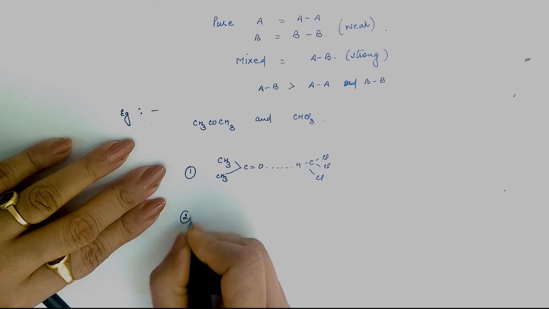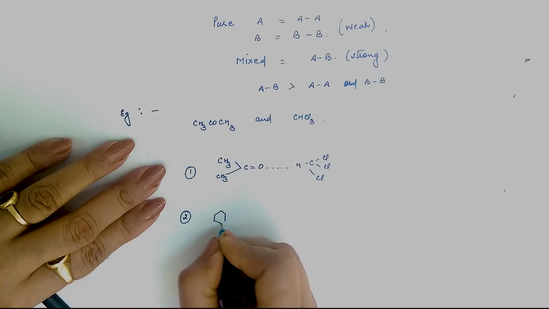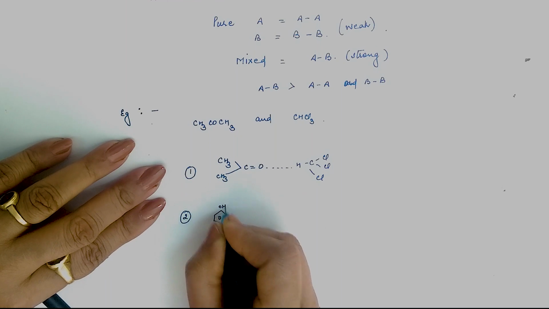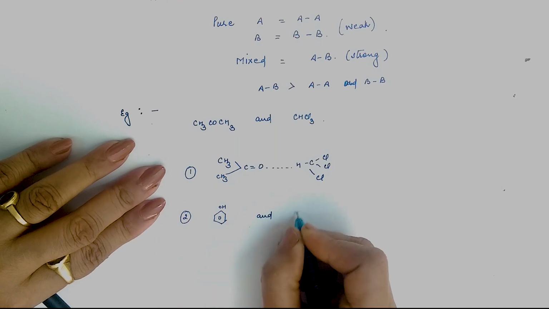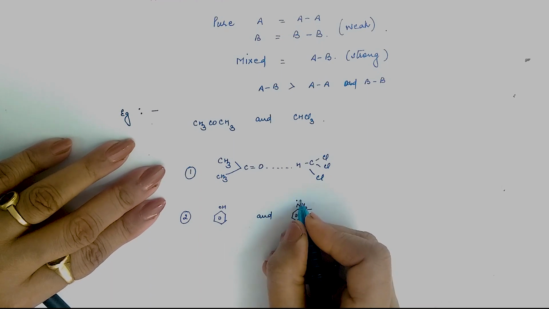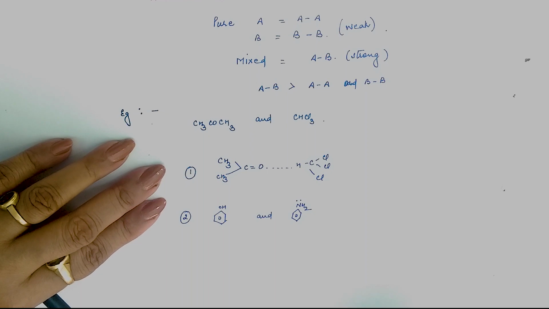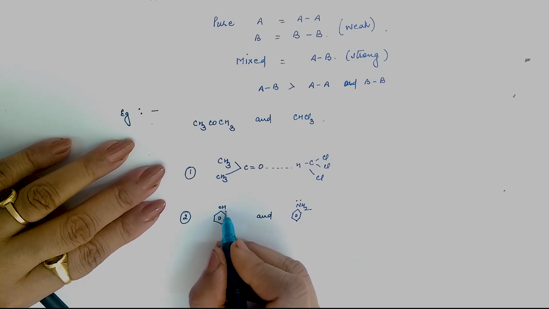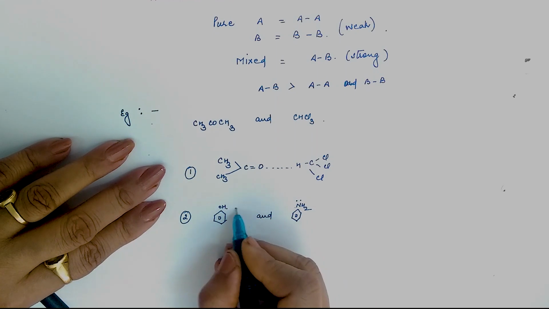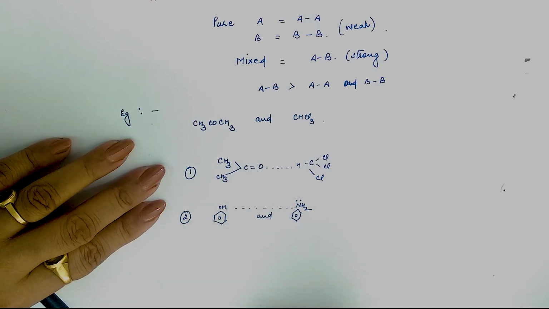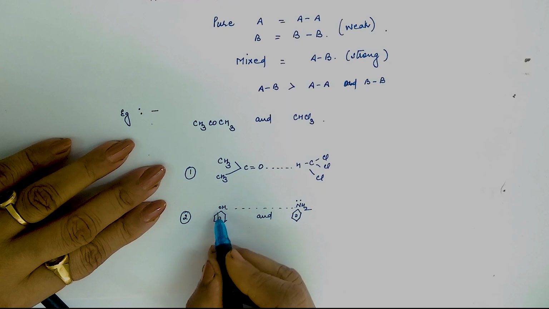Now, the second example I am giving is phenol, and the second I am taking is aniline. Aniline is benzene having NH2. This has a lone pair of electrons. Now what will happen? This hydrogen can form the hydrogen bond with the nitrogen of this aniline, because this oxygen is utilized in the resonance.